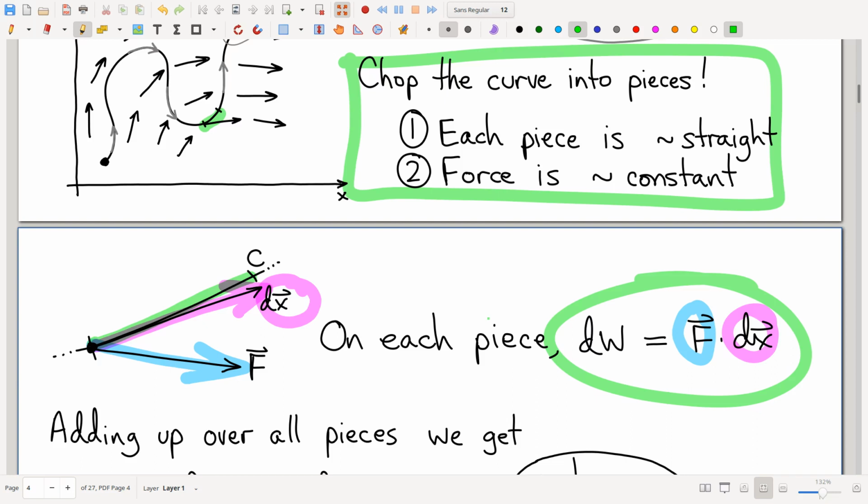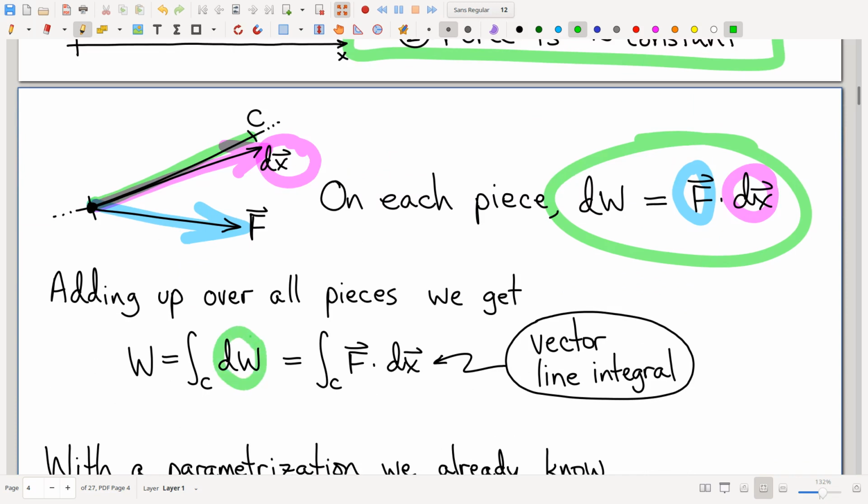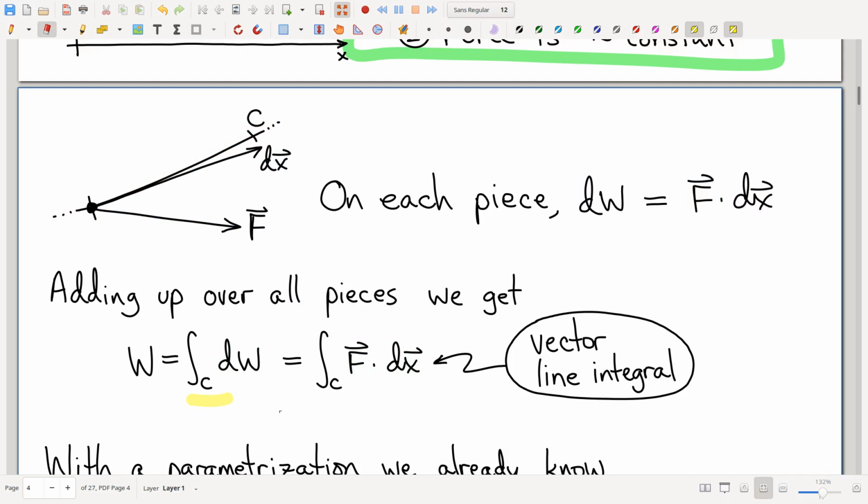Okay, so, cool. Now we just add that up, right? There's your dW. We're going to add this up over the entire curve, whatever that entire curve is, and grand total, the total amount of work is this expression right here, and you will notice pretty immediately that it does not look like the scalar line integrals that we had written down previously. So this comes straight out of this application, right?